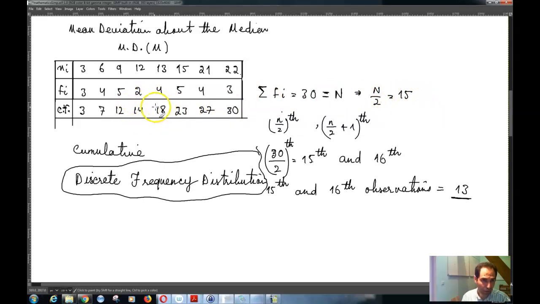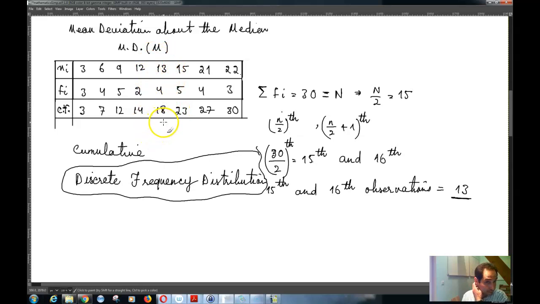So it's not going to be useful for me right now, because I want the cumulative frequency of that column to be equal to or greater than n divided by 2. Now n divided by 2 is equal to 15, so I have to go for the next column after this column, which is this column over here.